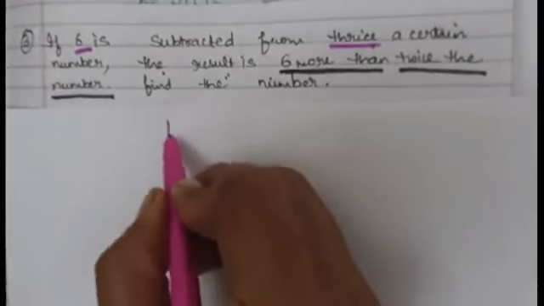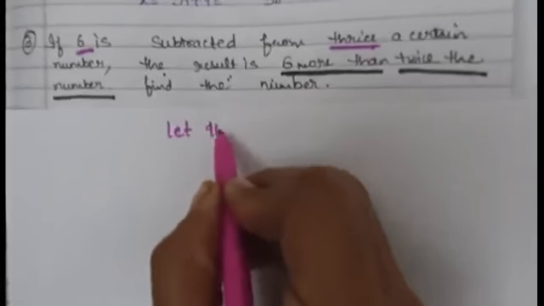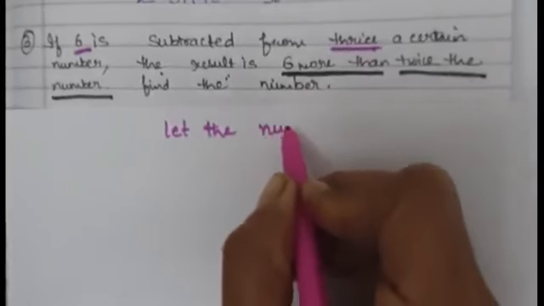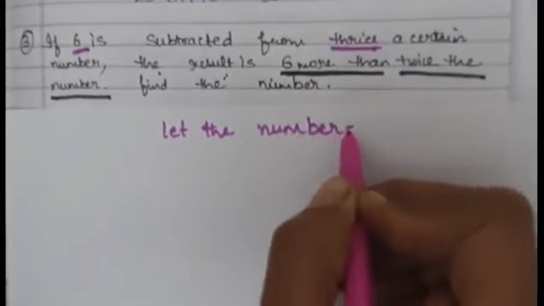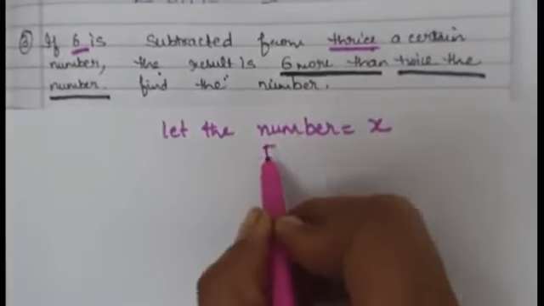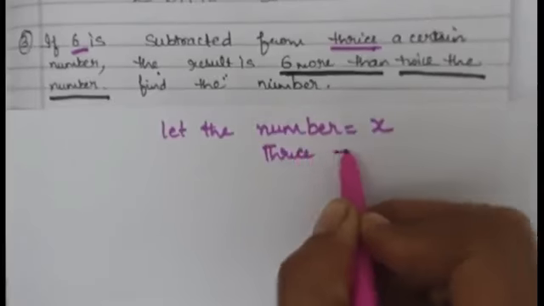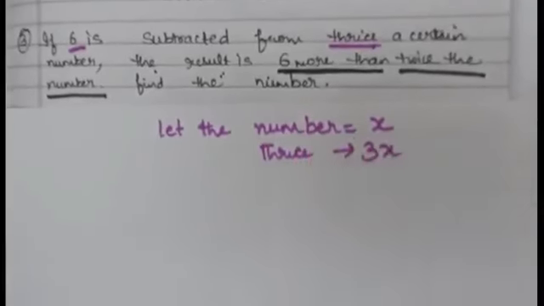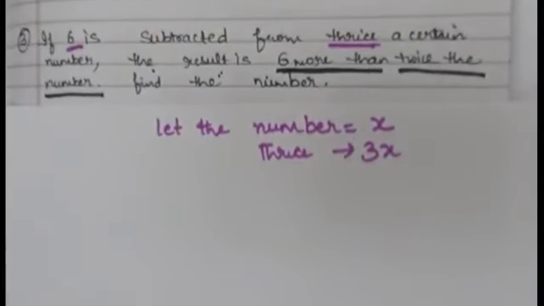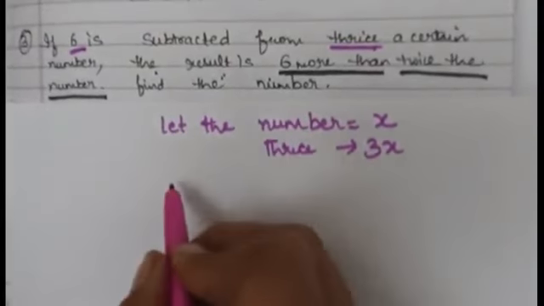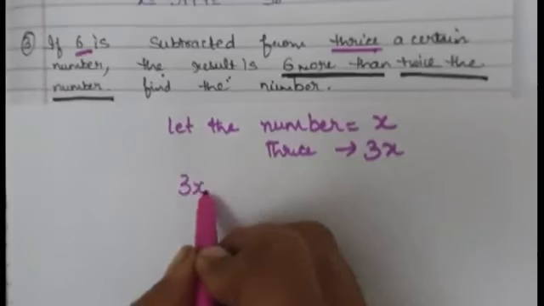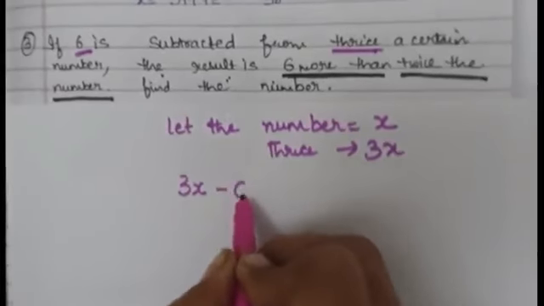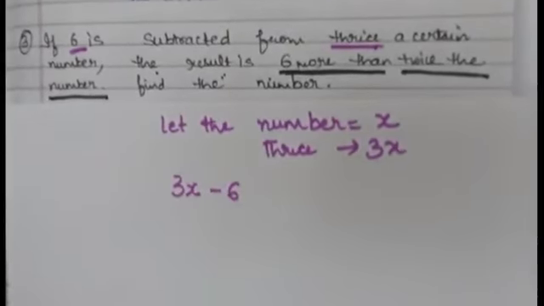First of all, let us take the required number be x. Now its thrice will be what? Its thrice will be 3x. Now from thrice the number we are subtracting 6.